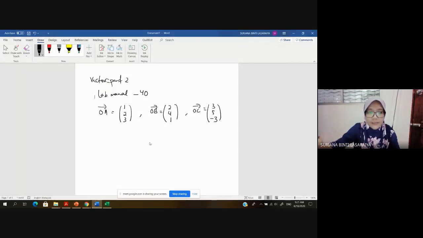Dia kata find a plane, dia suruh kamu cari equation of this plane where condition pertama dia parallel to y-axis. And then condition yang kedua dia contain line through B and C.